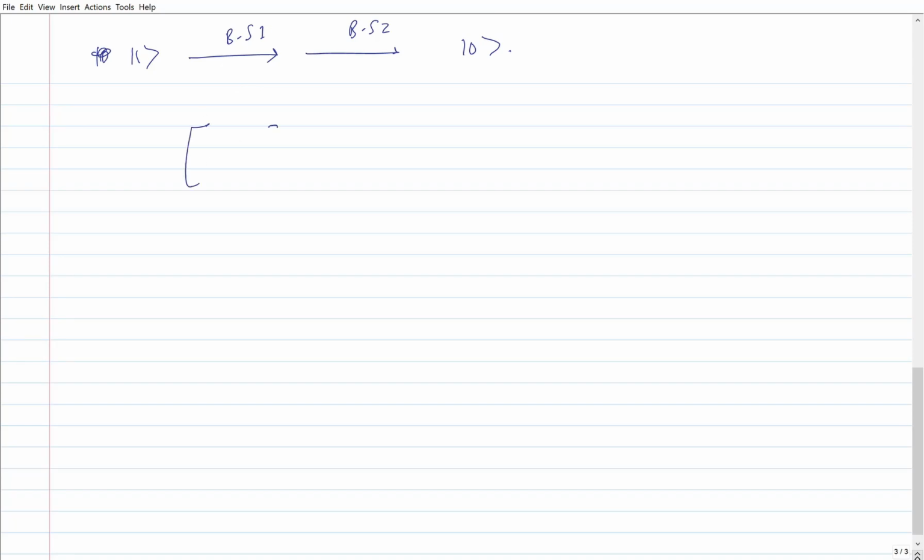I can just see it through the multiplication of these two beam splitter matrices, which is essentially going to be 1 iota, iota 1, times 1 iota, iota 1. Just try to do the math yourself over here. But essentially, that is the idea.